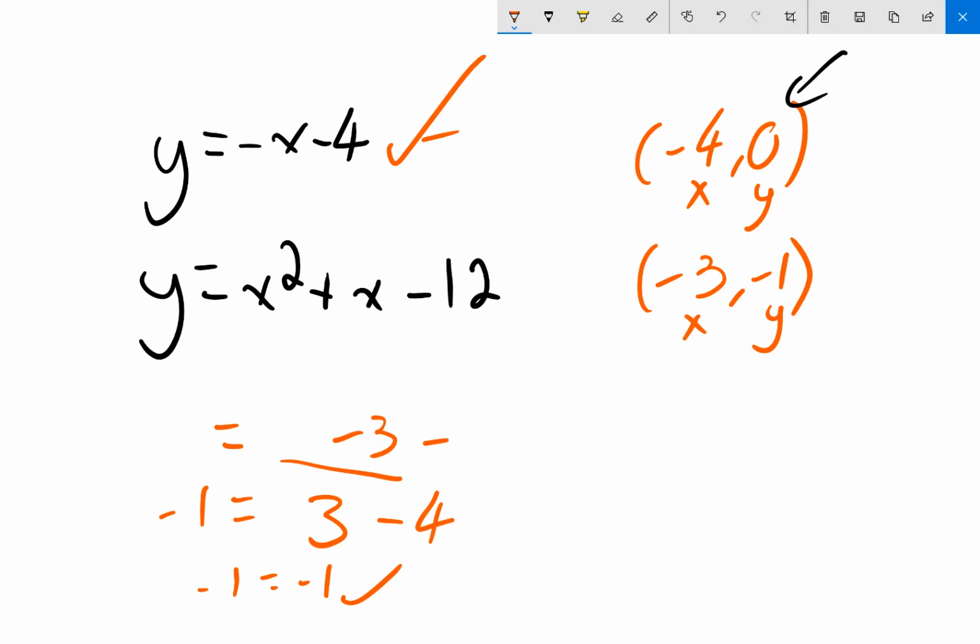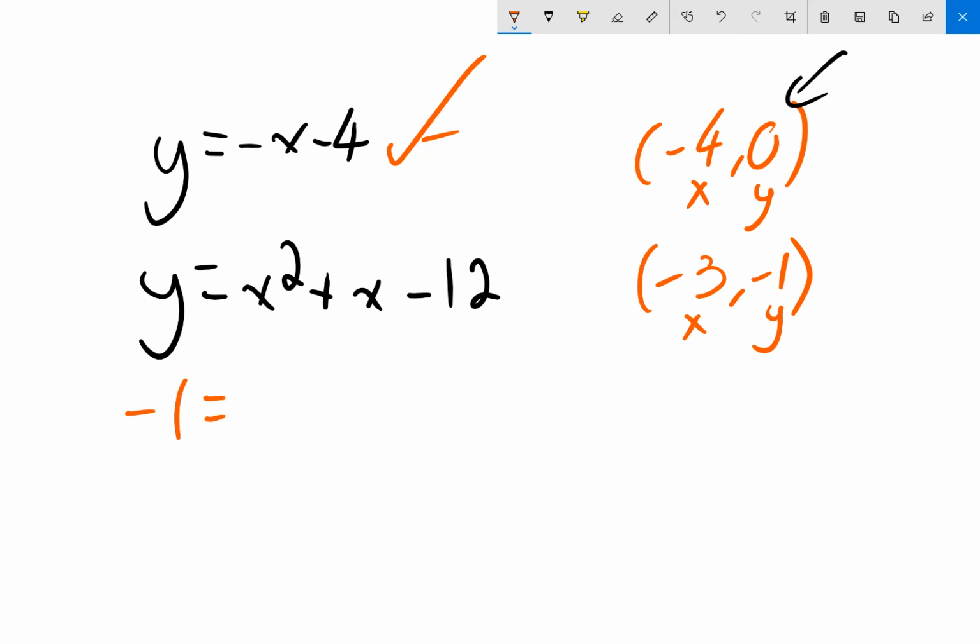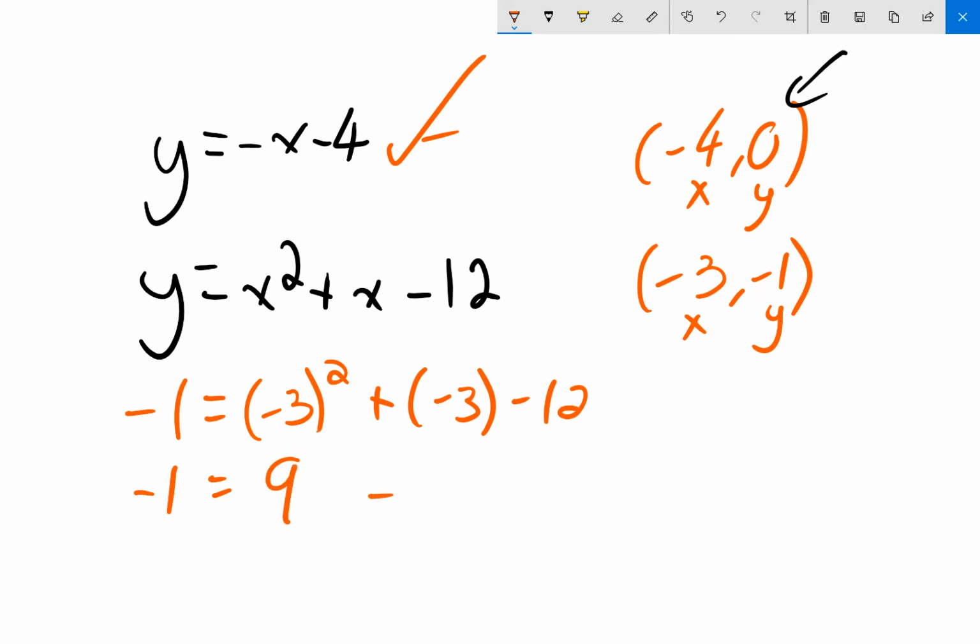Now let's plug it into the second equation. The second equation is y equals, so we're going to say -1 equals x squared, so it's going to be (-3) squared plus x, which is -3, and then minus 12. So -1 equals, (-3) squared is +9, this becomes -3, and this becomes minus 12.